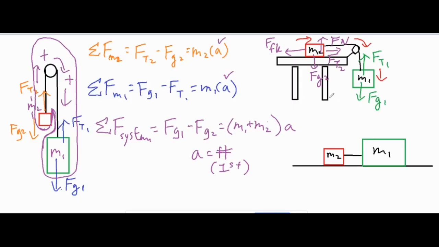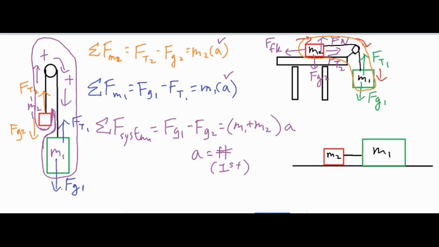So if we took a look at our entire system for this one, let's go ahead and wrap our system up to specifically define what it is. And you could see that all of the forces are internal. This Fn would be sticking out. It just kind of ran out of room, and this Fg2 would be sticking out. But those two are canceling each other and not along the direction of the motion anyways, which would be over and then down.